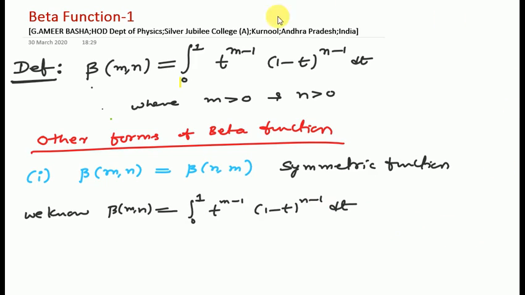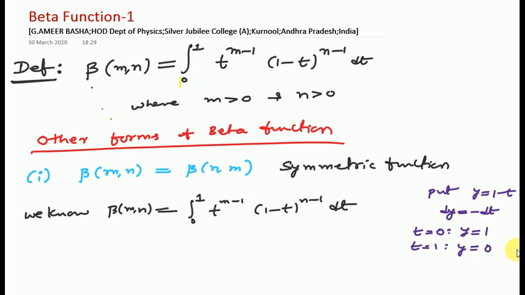So what I will do here, put y is equal to 1 minus t. Then obviously dy will be equal to minus dt, by differentiation. Now let's see the limits. When t is 0, y will be 1. When t is 1, then y will be 0.